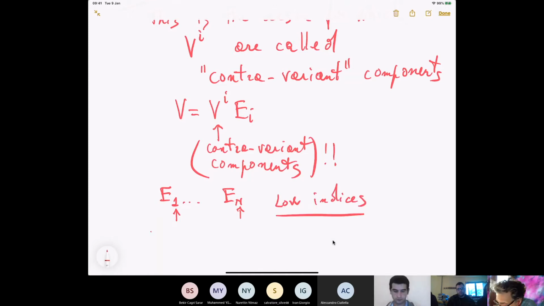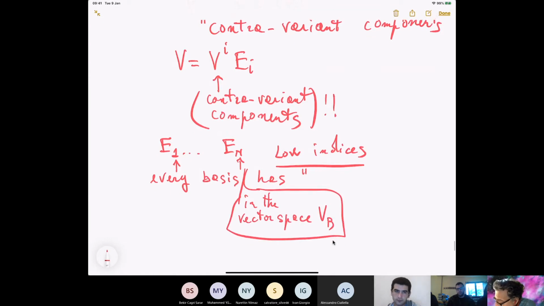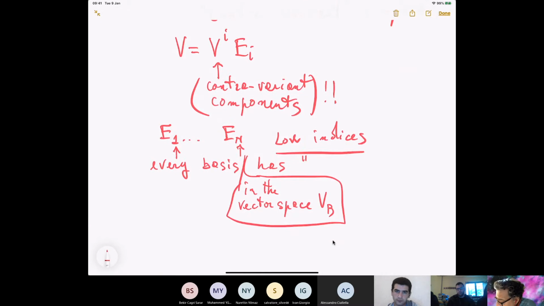So every basis in the vector space V_n, which we have at the beginning, has low indices.